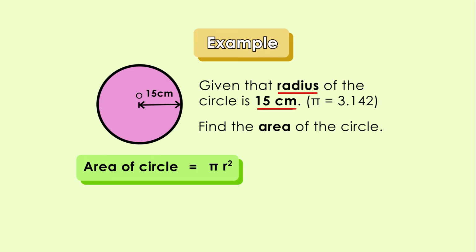Given that the radius is 15 cm, pi, which is 3.142, multiplied by 15 squared. You may use the calculator to help you with the calculations. What's your answer? Great! The area of the circle with a radius of 15 cm is 706.95 square centimeters.